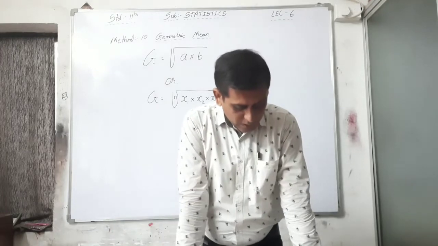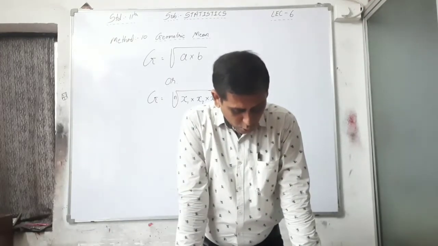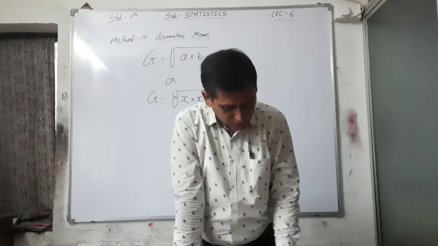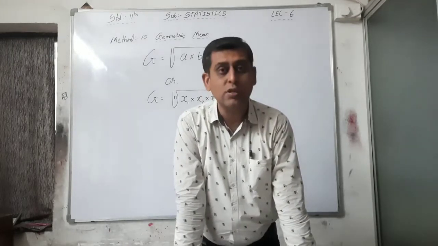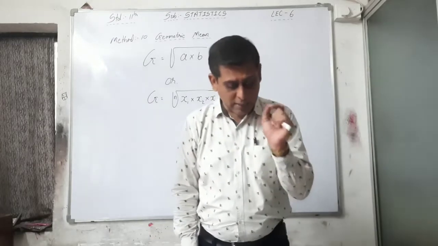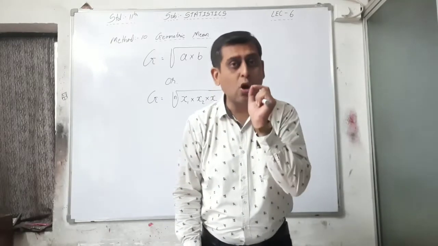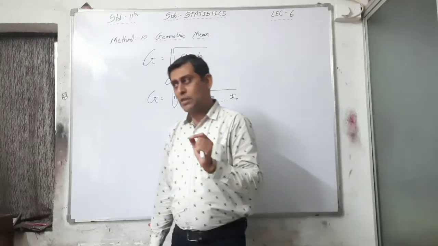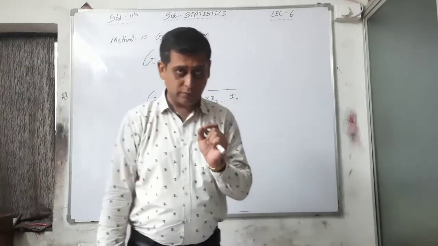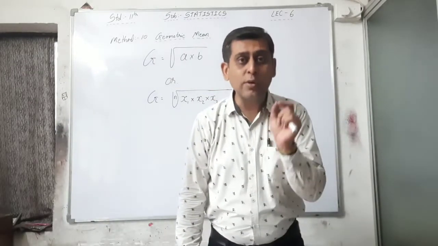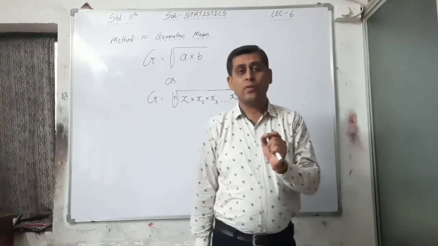See, a geometric mean is defined as the nth root of the product of n positive observations, and it is denoted by G. Here the main thing you have to underline is n positive observations. You can find the geometric mean of all the items only if all the item values are given as positive.